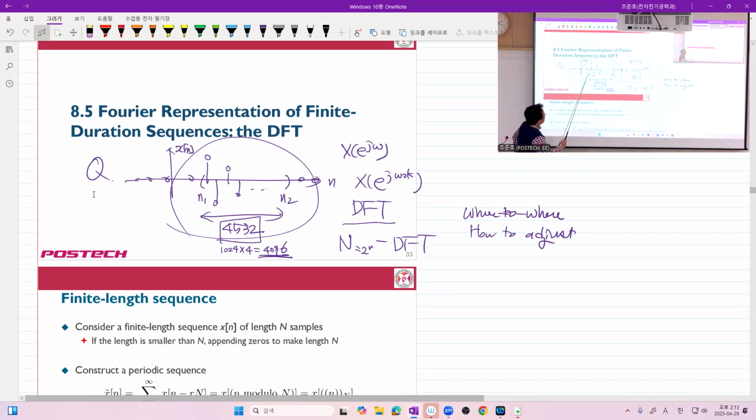By the way, the collection of these n's is called the support of a function when we view the DT signal as a function. But in engineering textbooks or articles, it is mostly said to be the duration. So we have finite duration.